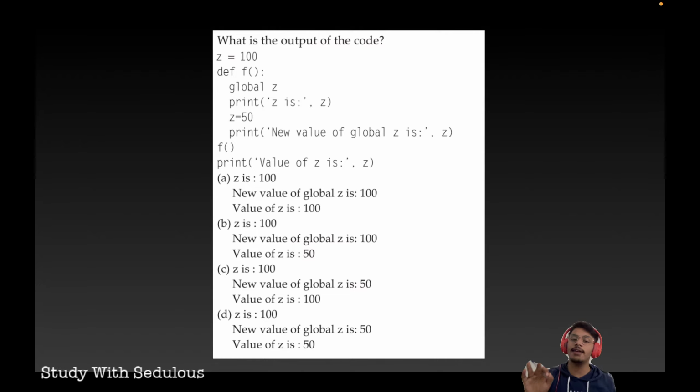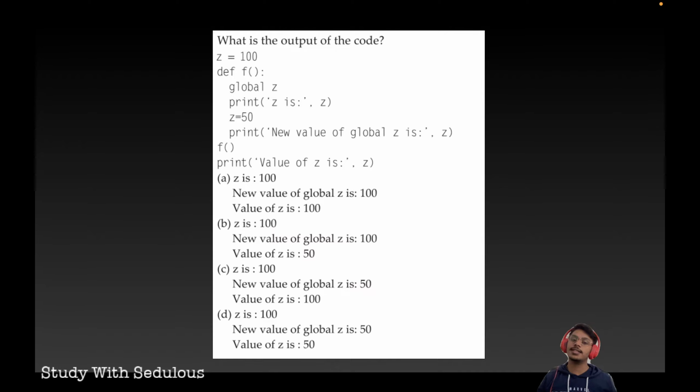So it will be 50. So C or D. Coming out of the function also, we still have global Z in our hands. So when we are asked for global Z, the value of Z is always global Z itself, 50. We don't care about the local Z now. Okay, so option D should be the right answer.